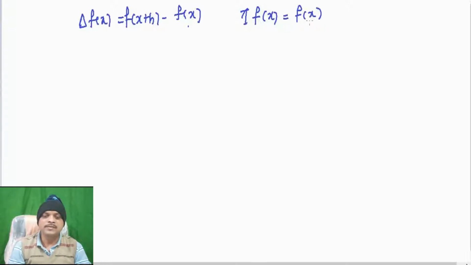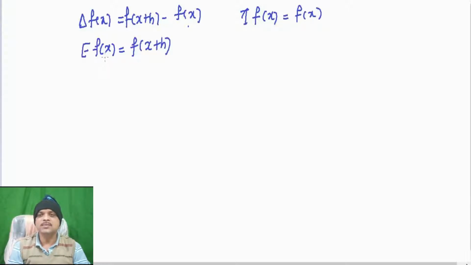Now we define another operator, called the shift operator or displacement operator, and it is like this: E of f of x equal to f of x plus h. So it gives a displacement of x to x plus h, and therefore it is called a displacement operator.